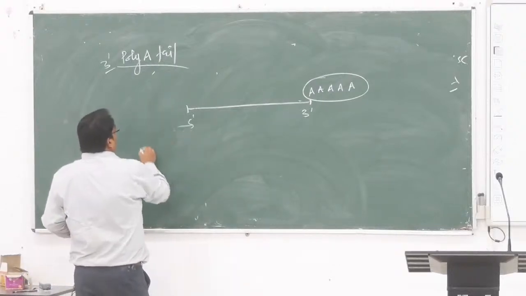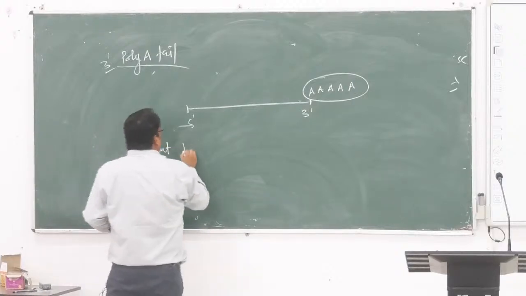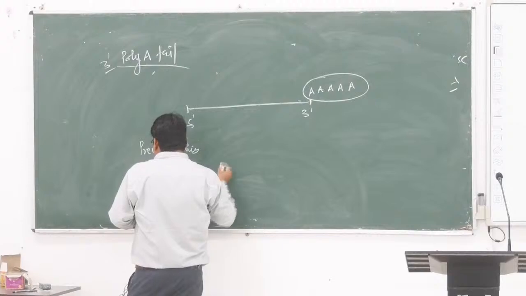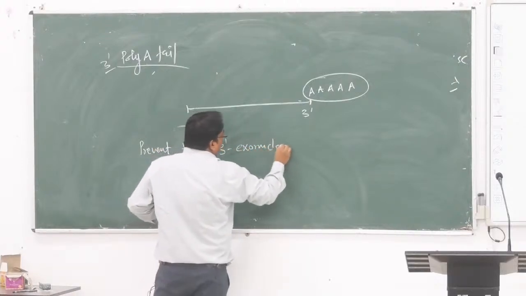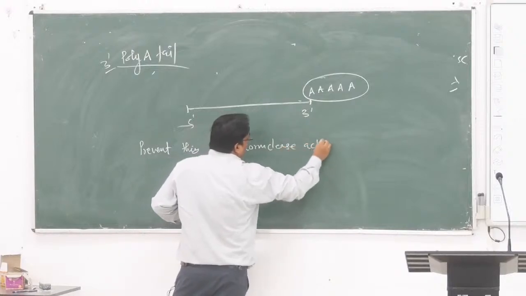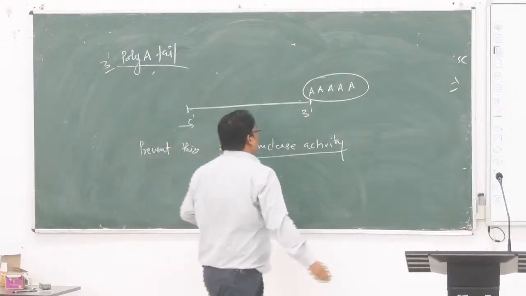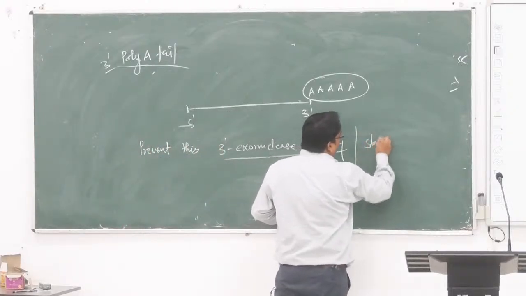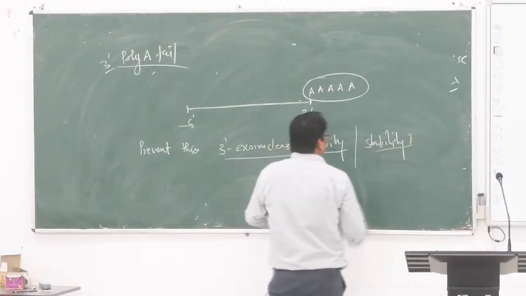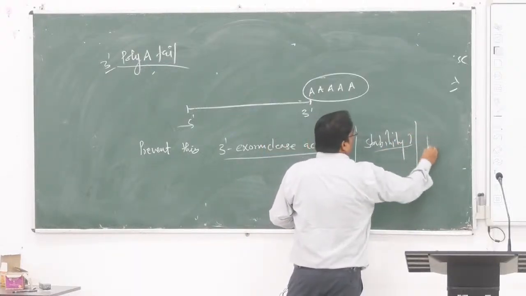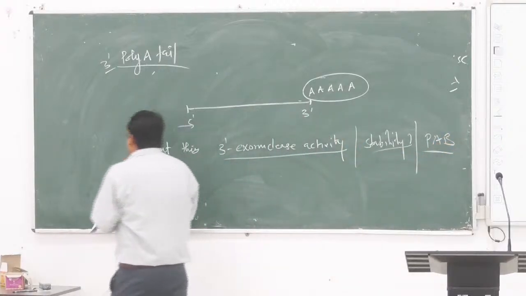It is simply to prevent this RNA from 3' exonuclease activity, and it provides stability and some other things. And some PABs, that is poly A tail binding proteins.